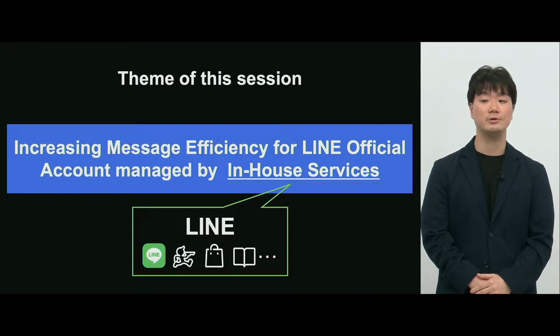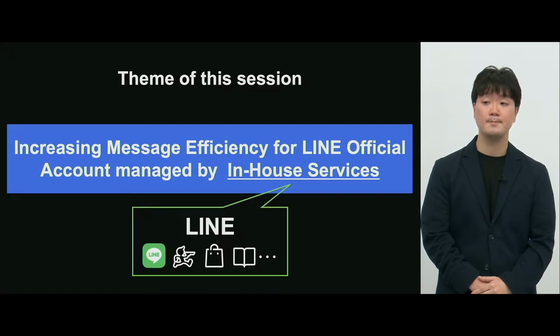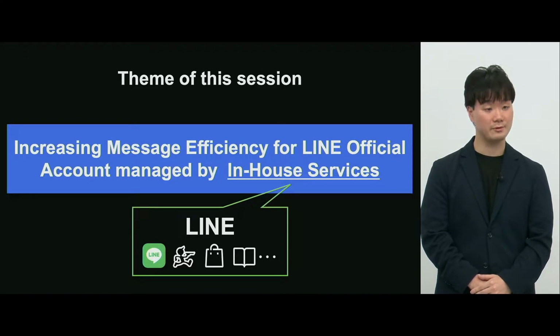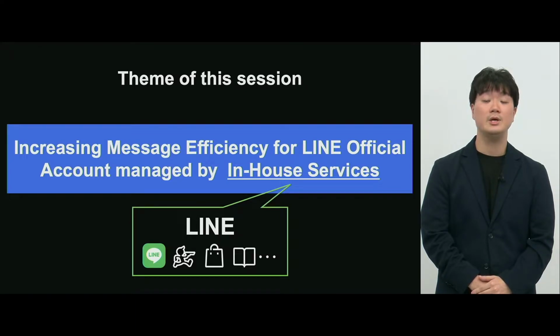In order to reduce the unnecessary messages, in this session, I'd like to talk about the initiative regarding the accounts run by the Line services. The accounts run by the Line services are, for example, Line Stickers or Line Shopping, so the account's name includes the title Line. These accounts are run by the Line business unit, and so they run based on different policies and rules than the normal private accounts.